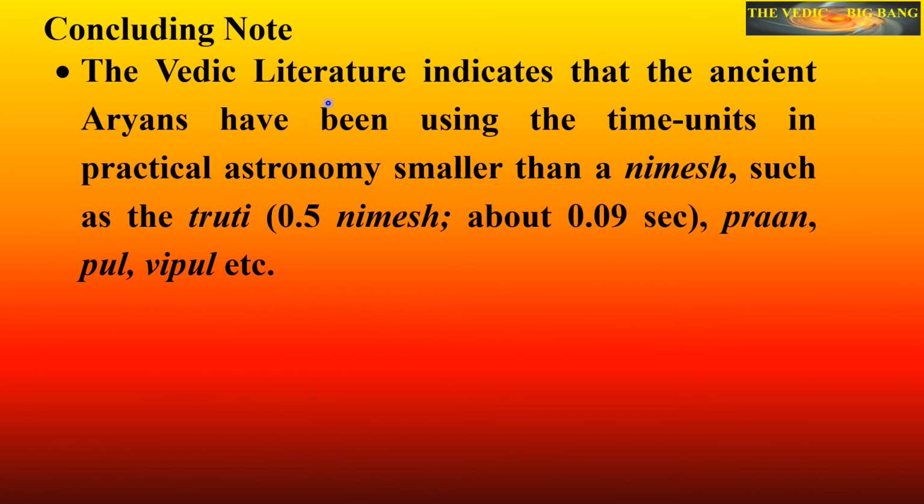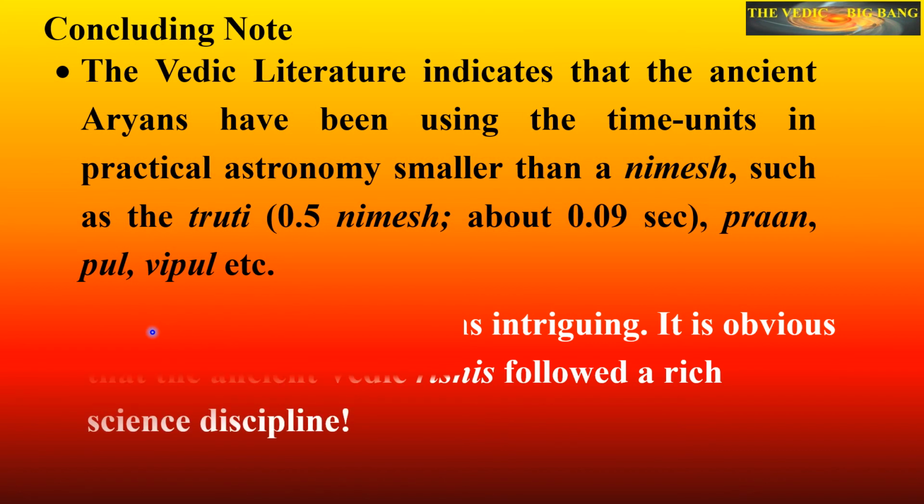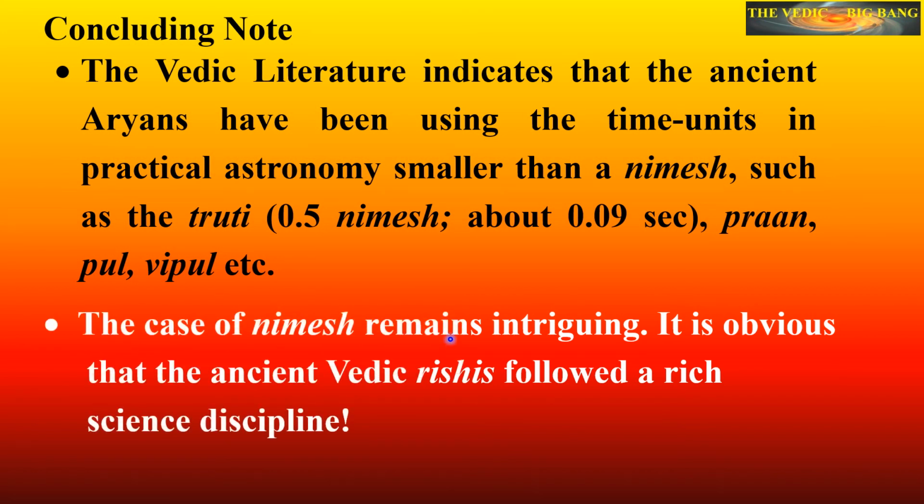Concluding note: the Vedic literature indicates that the ancient Aryans have been using time units in practical astronomy smaller than a nimesh, such as the Truti, half a nimesh or 0.09 seconds, Pran, Pal, Vipul, etc. The case of nimesh remains intriguing. It is obvious that the ancient Vedic rishis followed a rich science discipline.